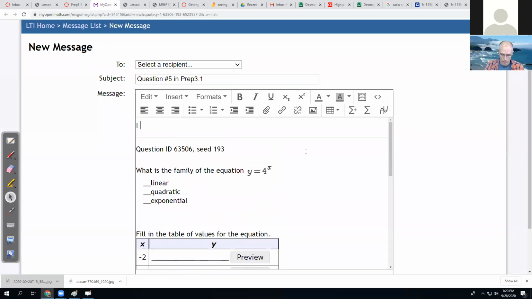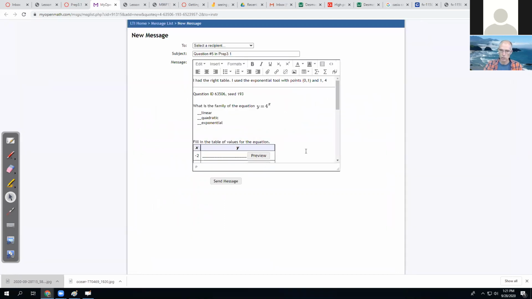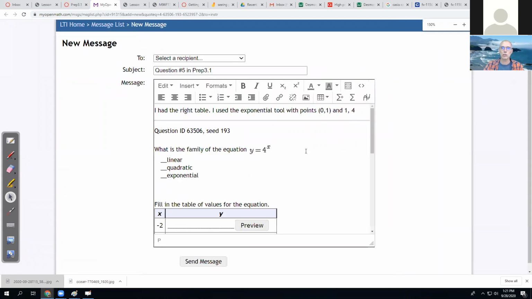Okay, so I had the right table. So then give me a descriptive message. Use the exponential tool with points 0, 1 and 1, 4.